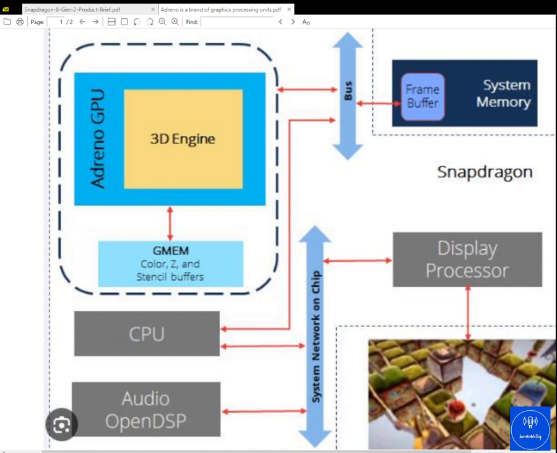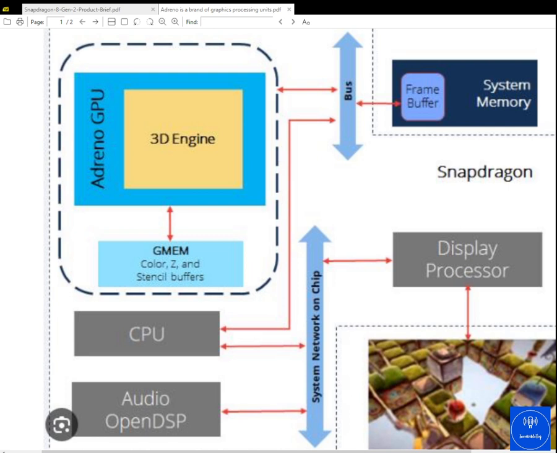There is the bus. The bus is basically what is able to transmit and transfer data and signals. We also have the frame buffer within the system memory. There's the display processor. We also have the audio OpenDSP, and we also have the system network on chip.